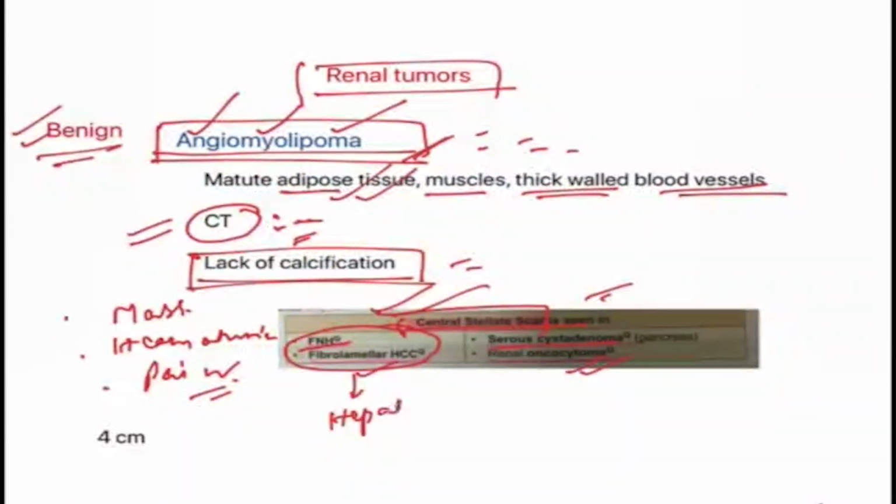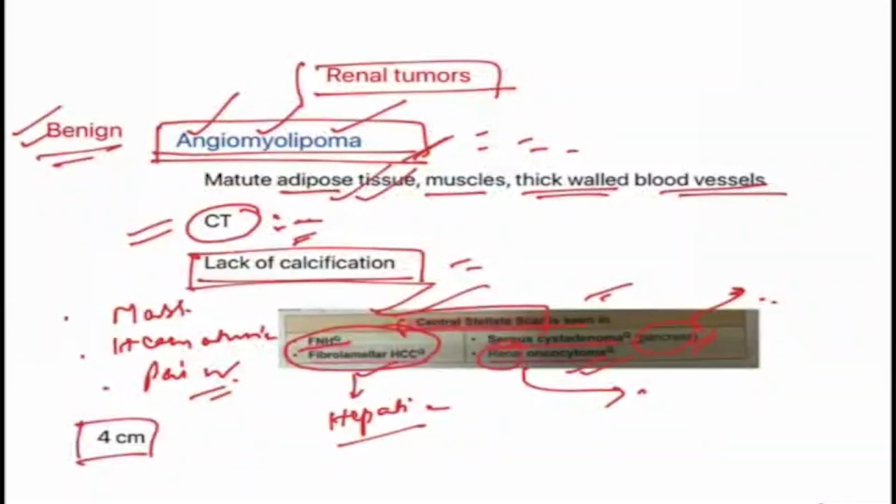FNH and fibrolamellar HCC are benign tumors of liver. Renal oncocytoma is a benign tumor of kidney, and serous cystadenoma is a benign tumor of pancreas.